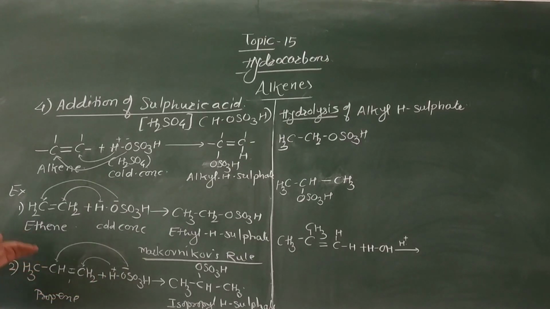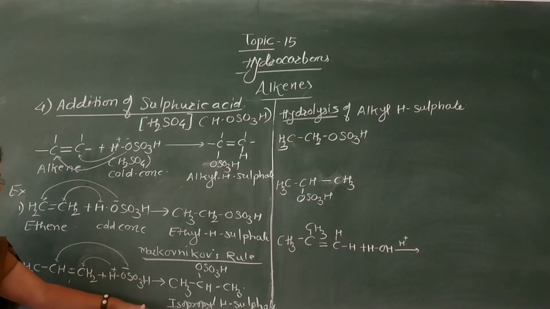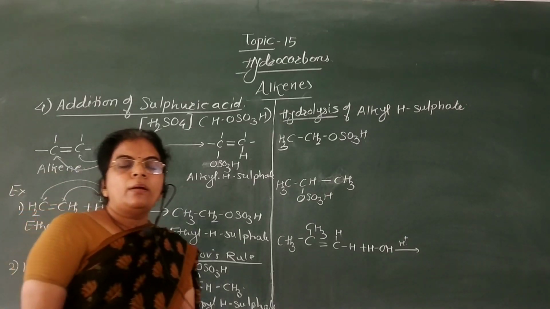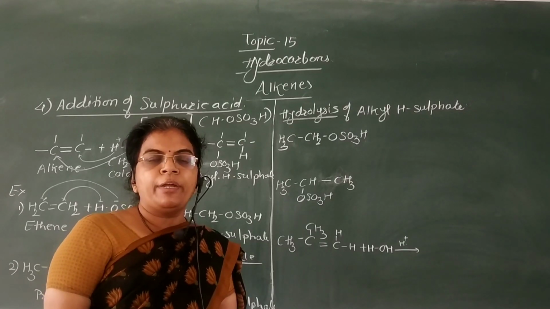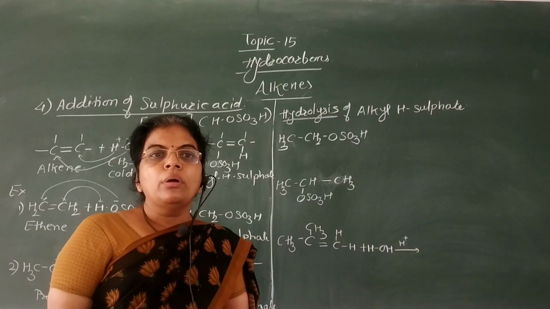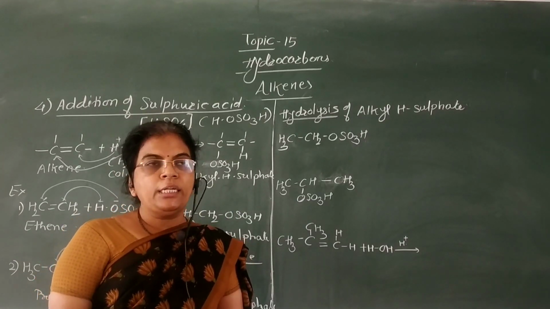Now this alkyl hydrogen sulfate, or ethyl hydrogen sulfate or isopropyl hydrogen sulfate, when it is hydrolyzed, that is, when water is added to this alkyl hydrogen sulfate and it is heated, then formation of alcohol takes place and H2SO4 is regenerated.